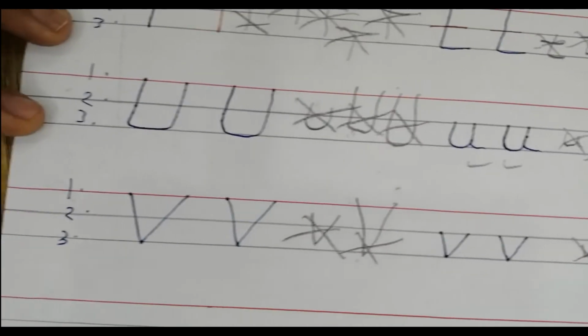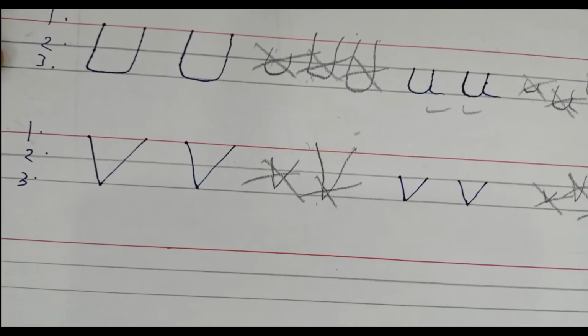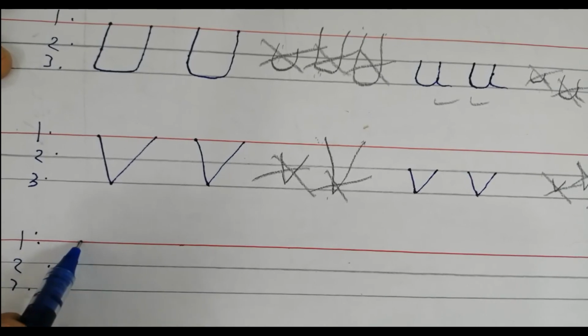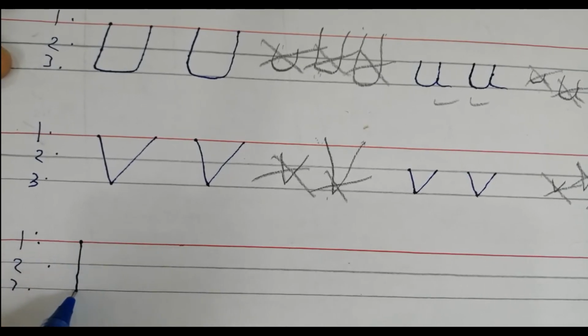After that, we have letter W. Excellent. W, 1, 2, 3. Falling line from number 1 to line number 3. Now we have the zigzag. What's the zigzag?